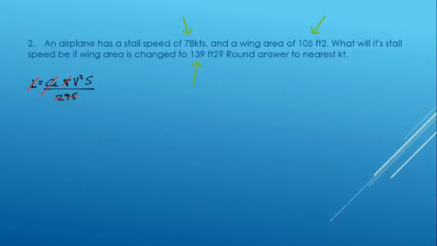So the relationship of velocity and surface area is given in the lift formula. It's really this particular relationship where velocity squared times surface area is part of the formula. So we can use that relationship to find what we need.